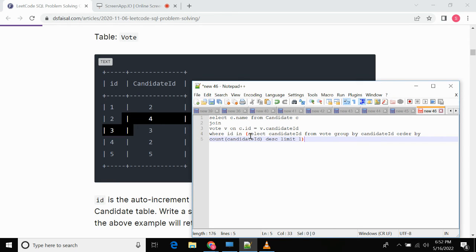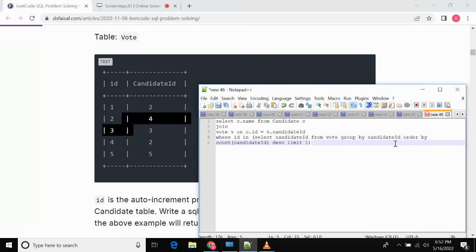So what we have to find is the maximum occurrence of candidate ID, right? And we have to use a group by as well. So we have done a group by on candidate ID, and then we are doing an order by on count of candidate ID, using descending.